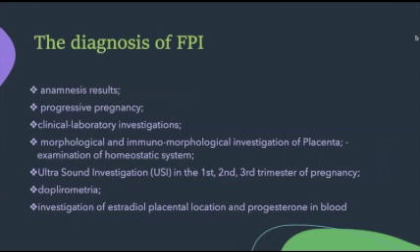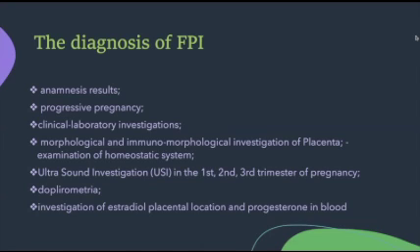When it comes to diagnosis of fetal placental insufficiency, first of all, we need to learn the anamnesis of the mother. We need to check clinical laboratory investigations. When we have fetal placental insufficiency, all placentas must be checked for morphological and immunomorphological investigations.